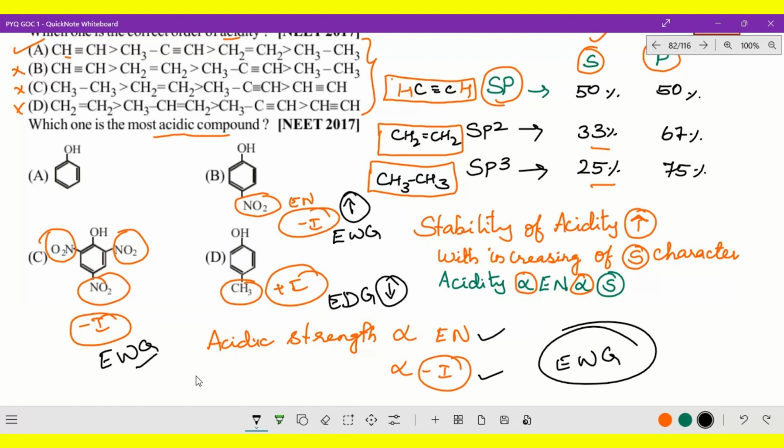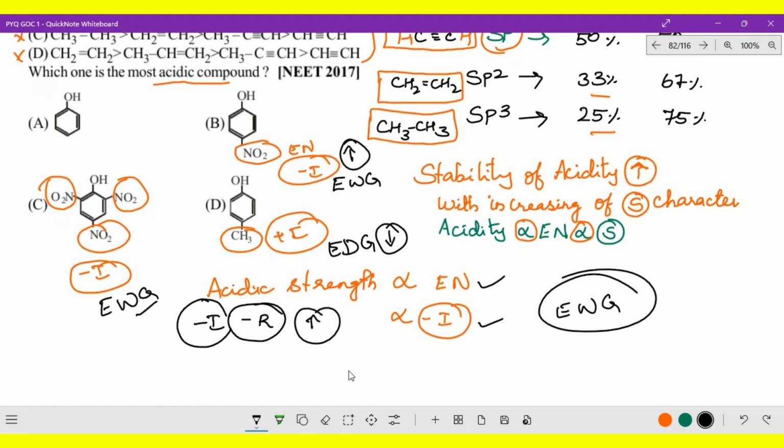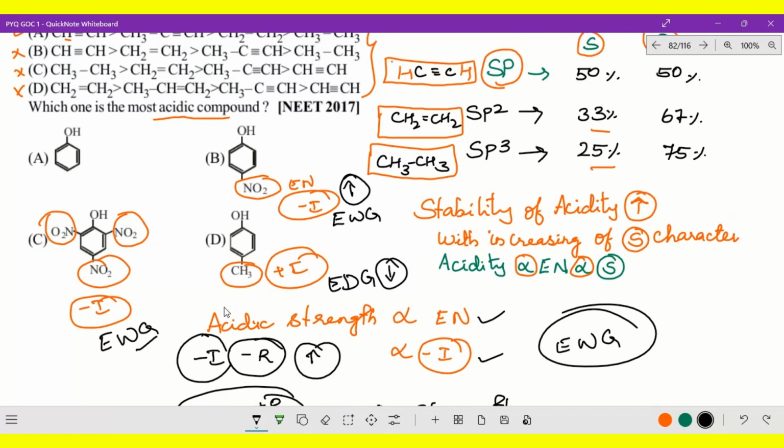Usually minus I and minus R bring more acidic strength, whereas basic strength is just the opposite: plus I and plus R bring basic strength. Here basic strength they are not asking, but I'm providing this for you. I hope you got that idea. Minus I and minus R can bring acidic strength.